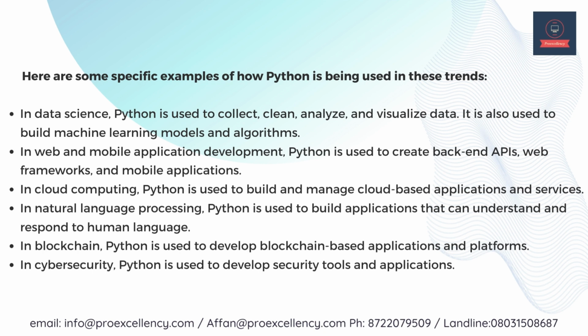In cloud computing, Python is used to build and manage cloud-based applications and services. In natural language processing, Python is used to build applications that can understand and respond to human language. In blockchain, Python is used to develop blockchain-based applications and platforms. In cybersecurity, Python is used to develop security tools and applications.